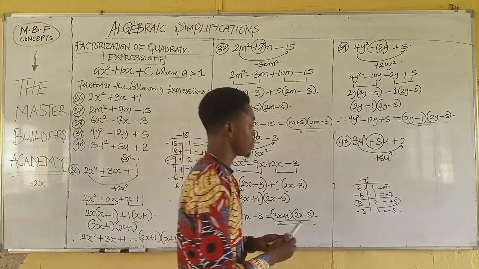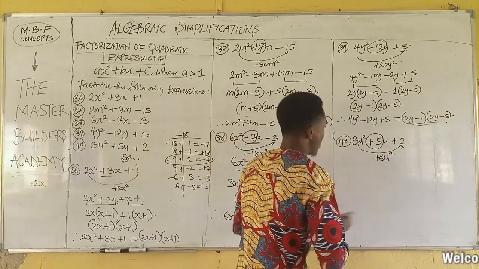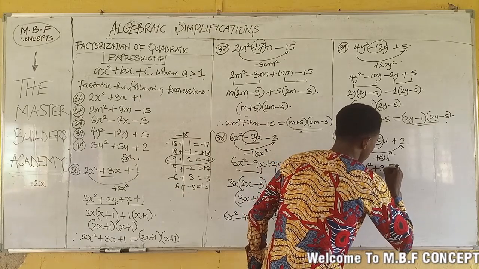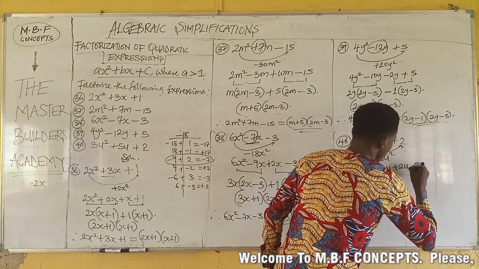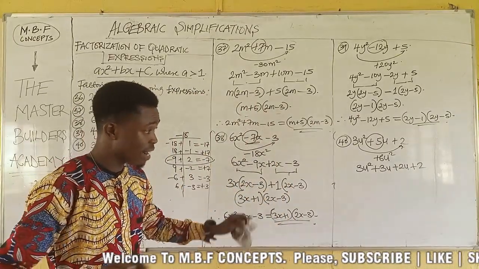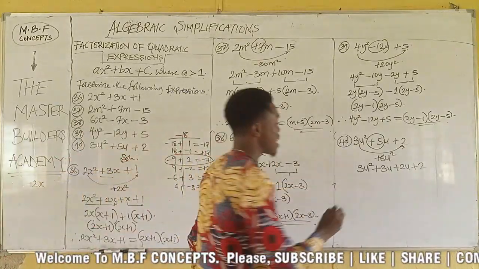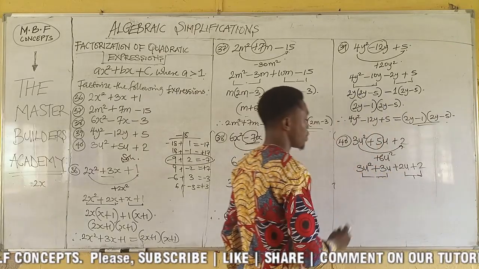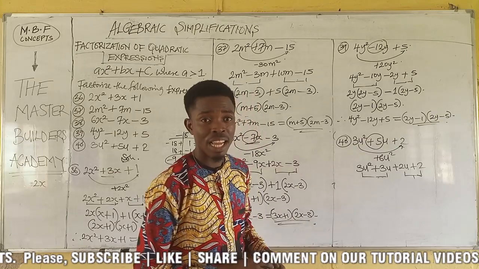Positive, positive. Therefore, we have this as 3u squared plus 3u plus 2u plus 2. As simple as this, guys. Very, very simple. So now between the first two terms, what is common? And between the last two terms, what is common? Between the first two terms, what is common is 3 and u.